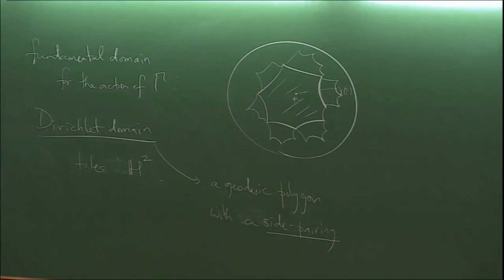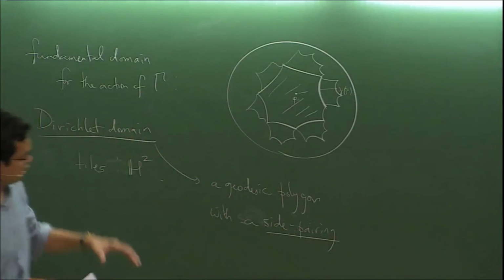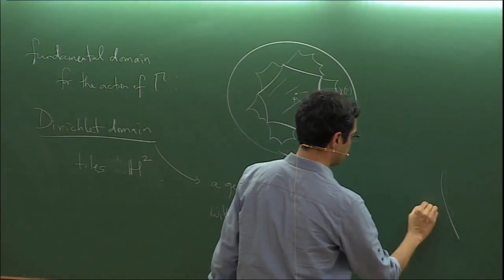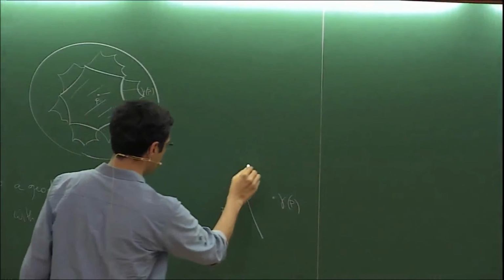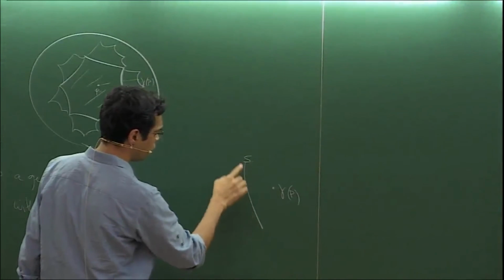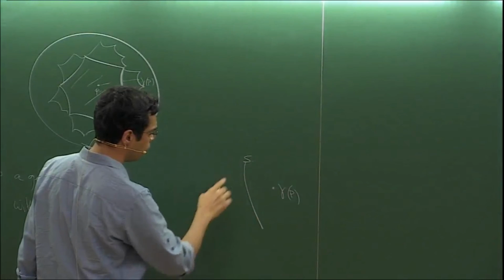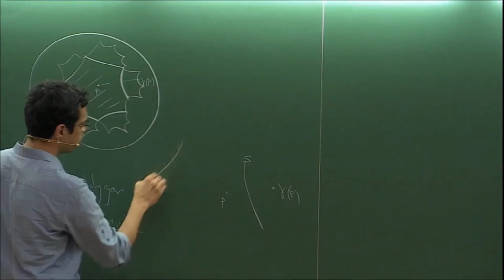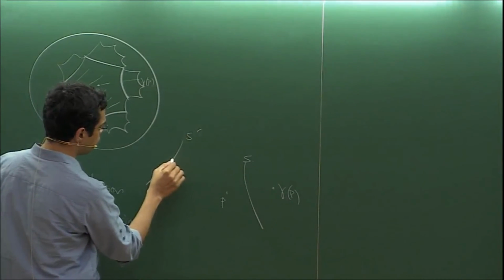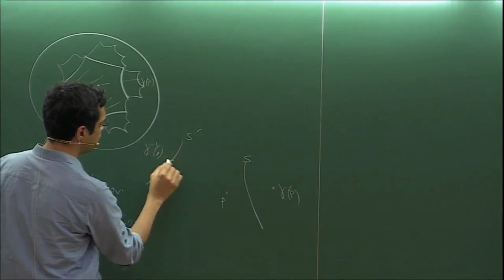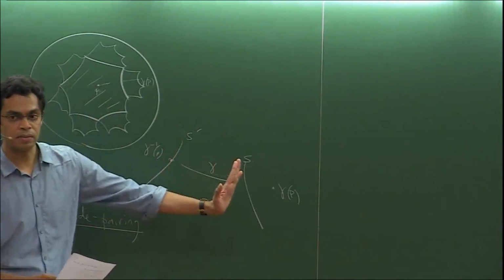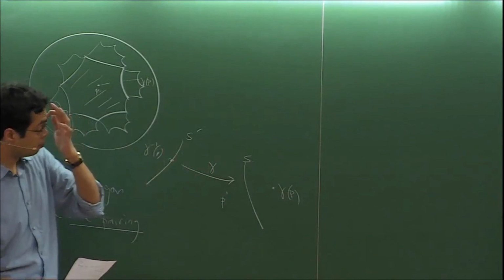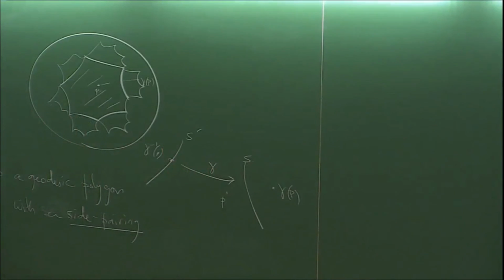If you look at the definition closely, you'll see that if you have a side S of your Dirichlet domain, then you also have some other side S prime, which is paired with it. So there'll be some element gamma that takes S prime to S. That's some additional information that this Dirichlet domain comes with.